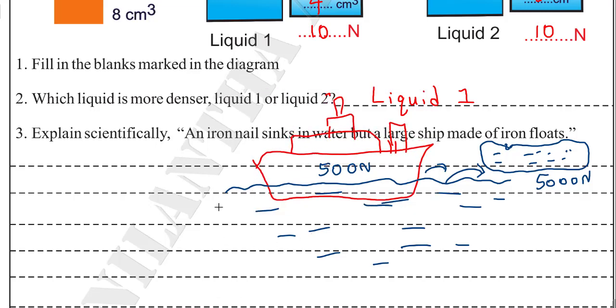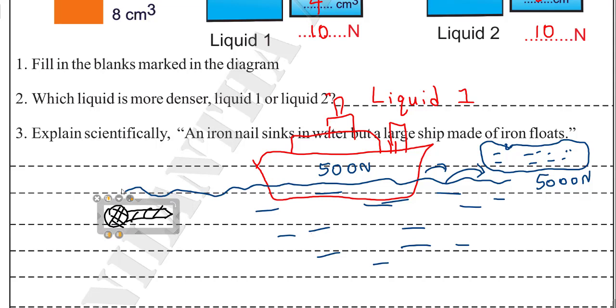But I also have a very small one, an iron nail, a very small object, children. Completely solid object, children. When we drop it in the water, a very little amount of water is displaced here.